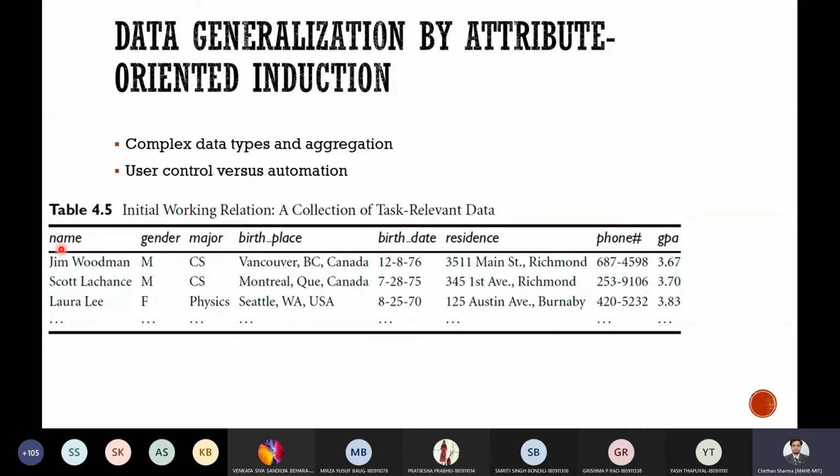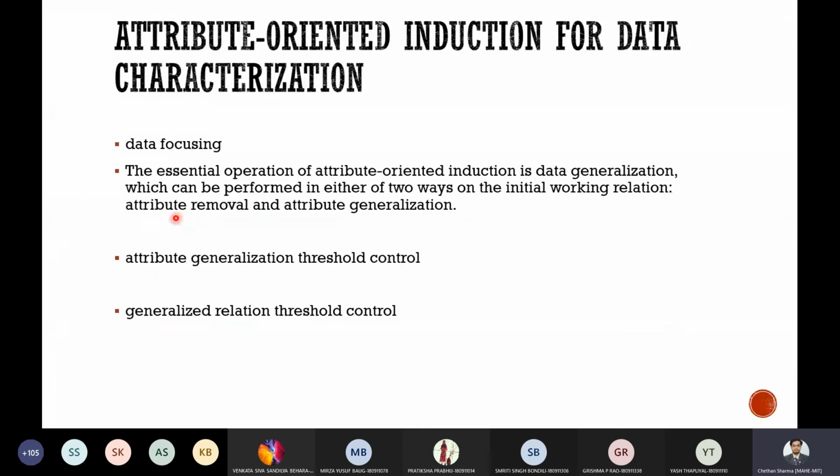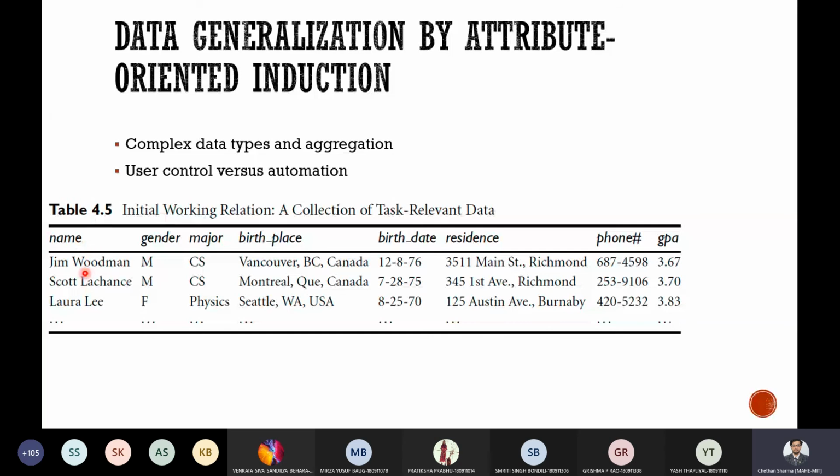There can be a large number of distinct values for this attribute, and there is no hierarchy which you can mention. So as per the rule for attribute removal, you remove this attribute itself. So name is removed. Second is gender. There are only two distinct values here, male and female, so no generalization is required, and you can retain this attribute.